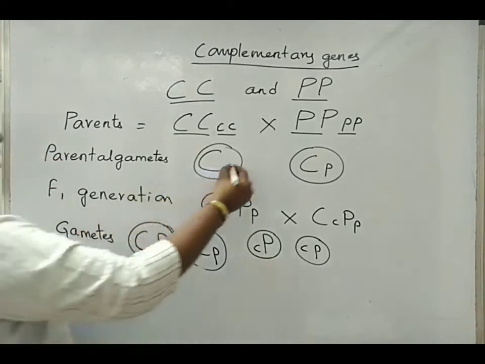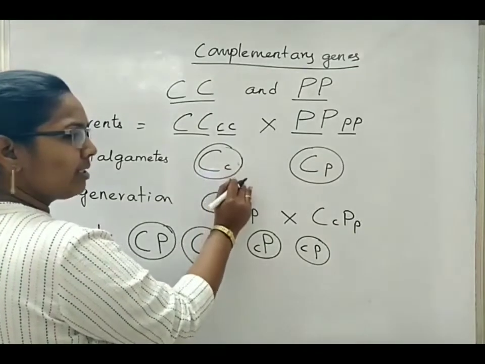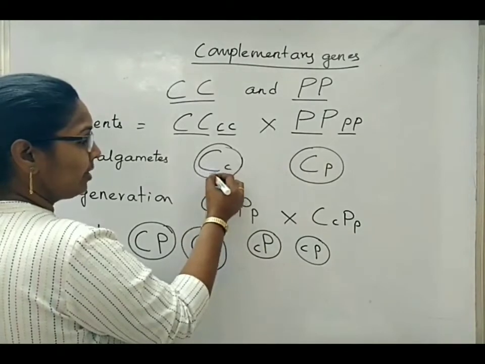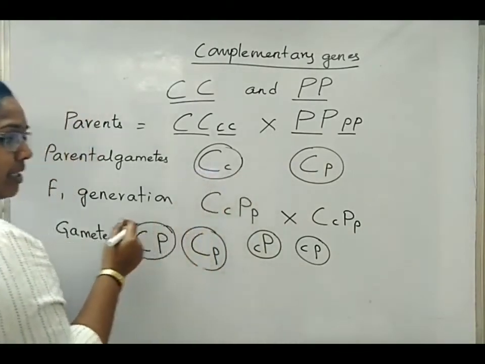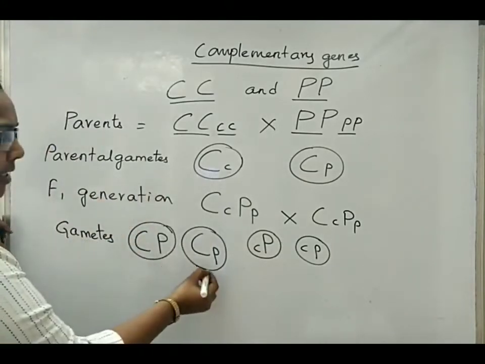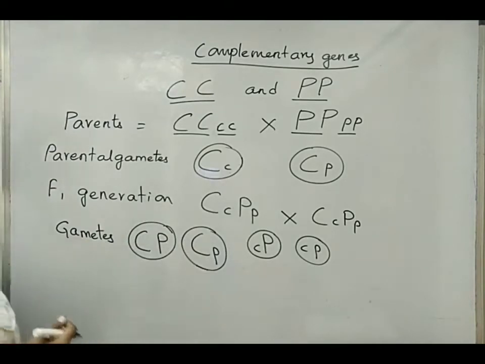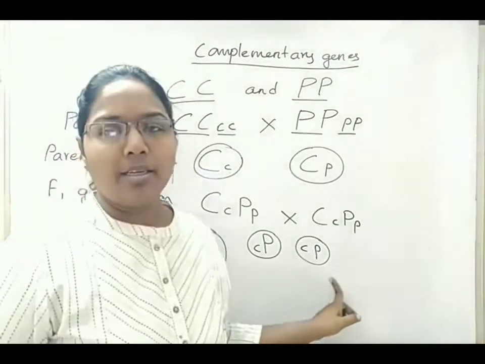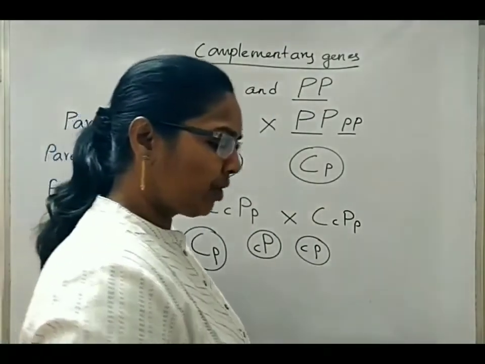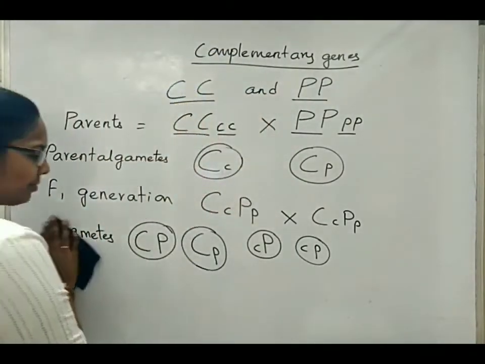Now, if we take this one, we can consider these are of the same type, one dominant and one recessive allele. This one is heterozygous again, because from the contrasting pair of alleles, this is indicating the dominant one, this is indicating the recessive one. When such combinations are there, again we have to use the term heterozygous alleles only. Here also heterozygous alleles. Now, if we cross the F1 generation among each other, we will express this in the form of a Punnett square again, and we will see how many types and what will be the ratios of flowers that we are getting from this type of cross.